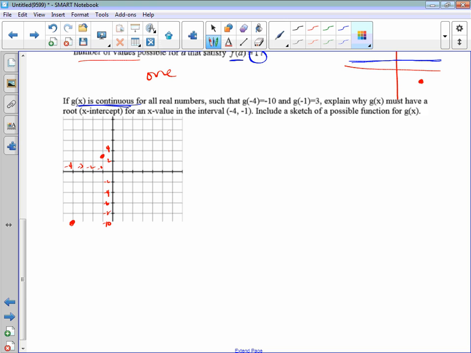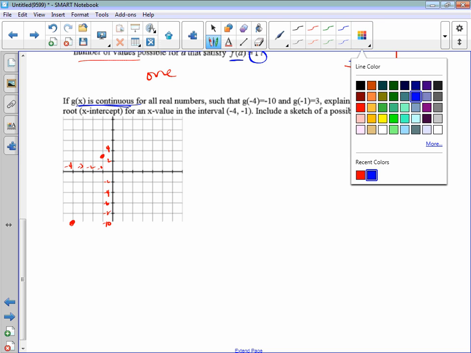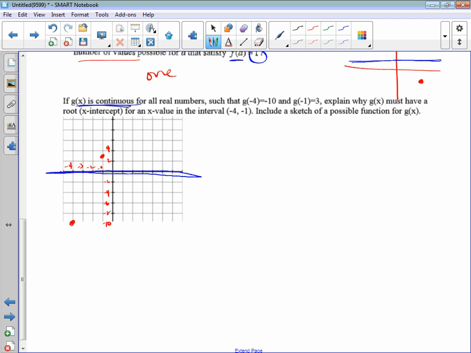Okay, explain why g of x must have a root or an x value in the interval negative 4 to negative 1. A root means that it's crossing the x-axis. So what do you think? Explain to me. How do I know that my graph is going to cross that at least once? Because it's continuous and the y values have 0 between them, so that's just 0. Exactly, yeah. And guys, just in your own words like that, that's great.